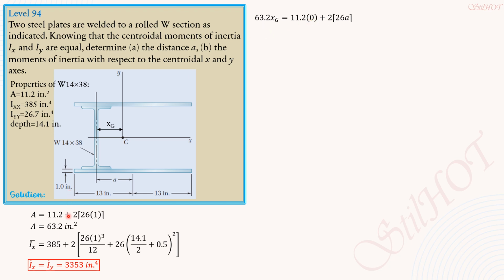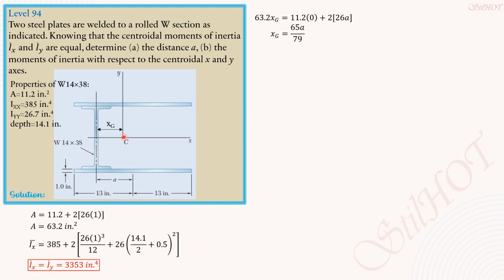So 63.2 times xg, total area times xg, equals area of the W 14 by 38, 11.2, times 0 because this is the reference, plus 2 times 26 times the distance of the centroid of the two rectangular plates from here, which is a. So therefore xg in terms of a is equal to 65 over 79 a.